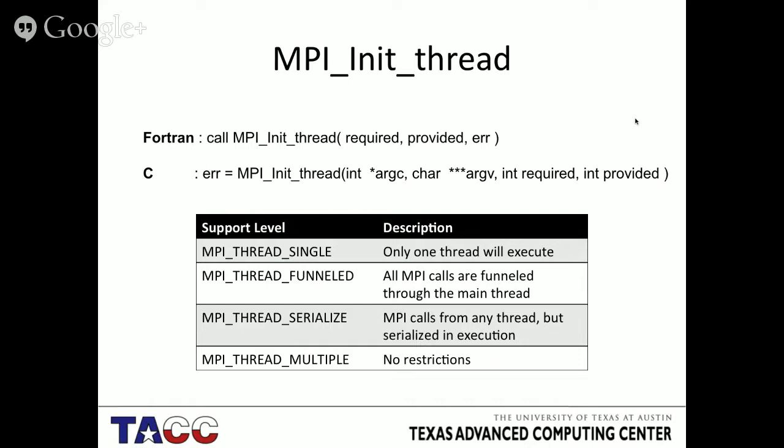So you can make optimizations that assume that only the master thread is going to do MPI calls. You can use MPI_THREAD_SERIALIZED, which means any thread can make calls, but they're only going to happen one thread at a time. So I'm not going to have two threads simultaneously making MPI calls. And MPI_THREAD_MULTIPLE, which is just going to be a crazy code. I'm going to send messages from everywhere, and we'll see what happens.